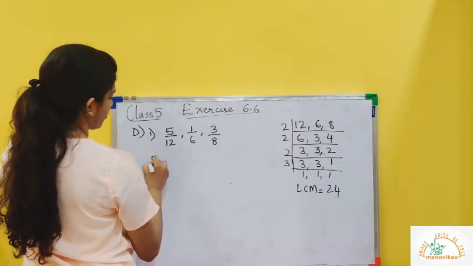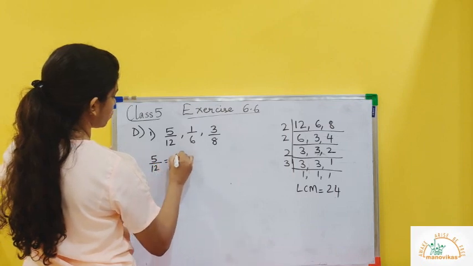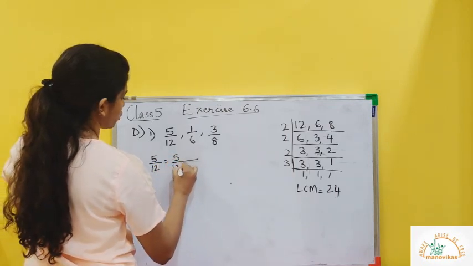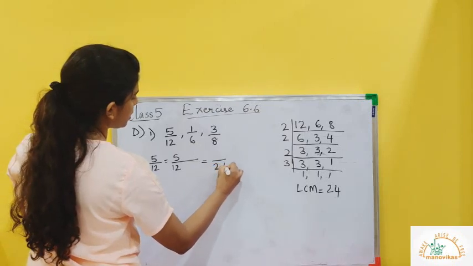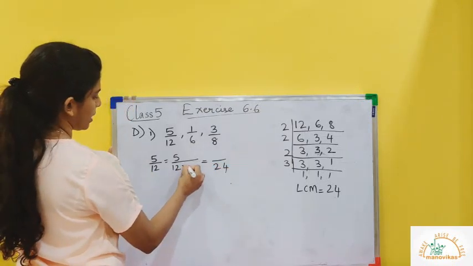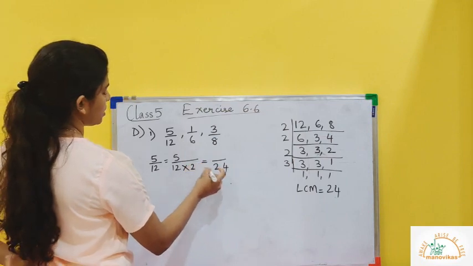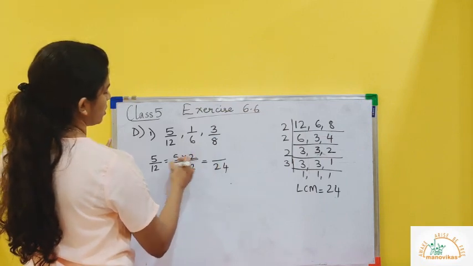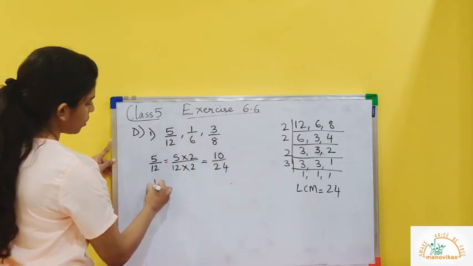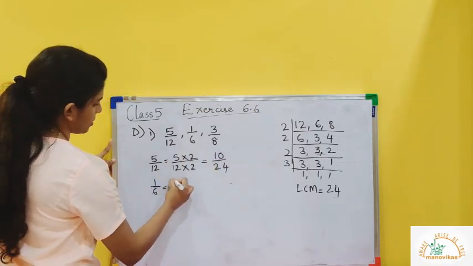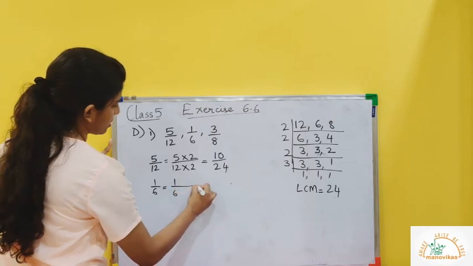So I bring down 5 upon 12 first. The LCM, the denominator should be 24. 12 2s are 24. 5 2s are 10. Bring down 1 upon 6.